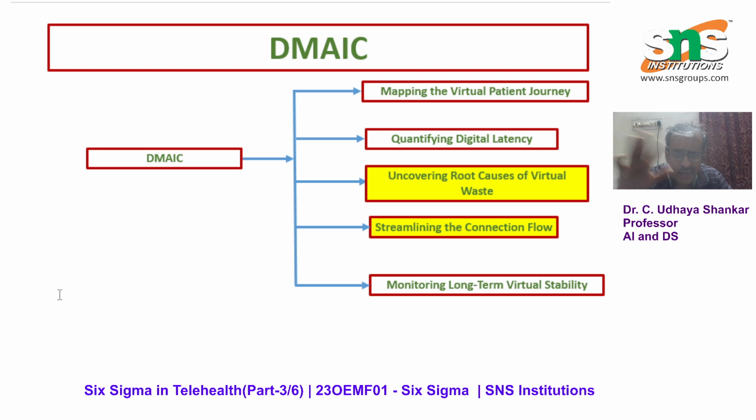By standardizing the intake process through digital forms that auto-populate into the electronic health record, which is called EHR, the medical team can reduce redundancy in data entry and focus entirely on the patient. This is the very important thing you want to understand in the improve phase.